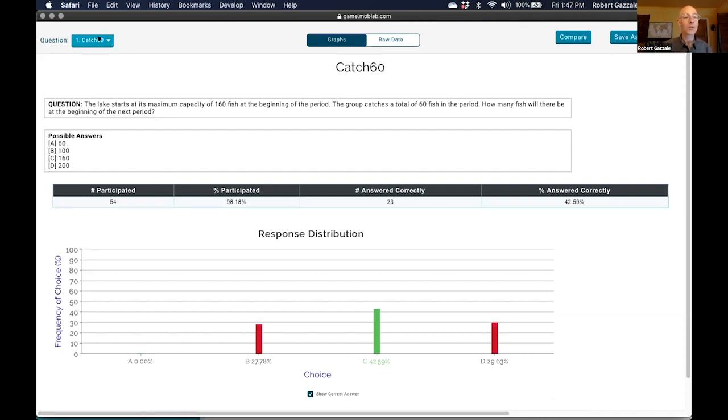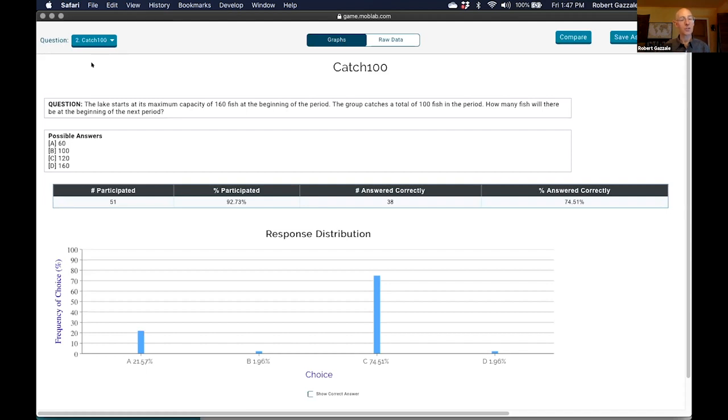For the next question, similarly, we start out at the lake's capacity of 160 fish at the beginning of the period. This time, the group catches a total of 100 fish in the period, and the question is, how many fish will there be at the beginning of the next period? This one is a little bit more straightforward. We start at 160 fish. 100 fish are caught. End of season, we have 60 fish.